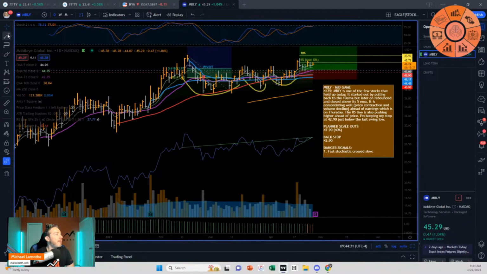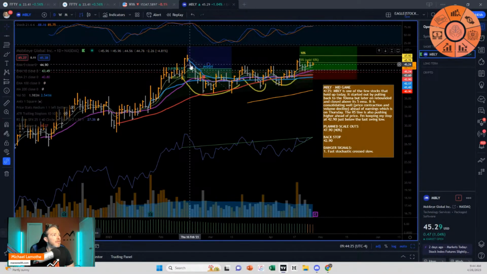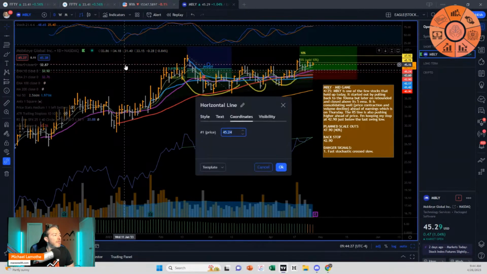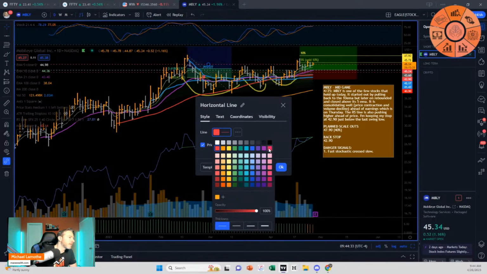Then if I were to do that, let's put a line over here, right? So let's draw this, and let's make it, I don't know, purple. Dotted line right there.